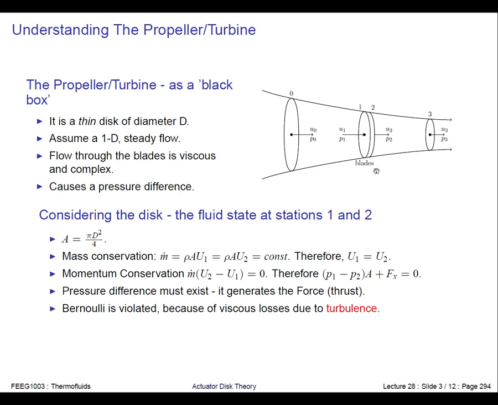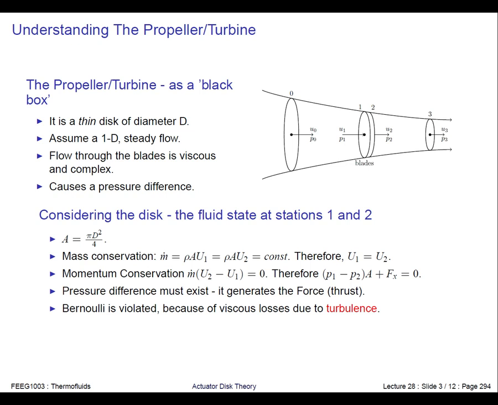So our thin cylinder becomes a control volume, and we look at what goes into that control volume and what comes out of it, and the differences in the velocity and the pressure across that control volume are caused by the physics inside it, which is the propeller or the turbine. Okay, so this is why it's called an actuator disk theory method.